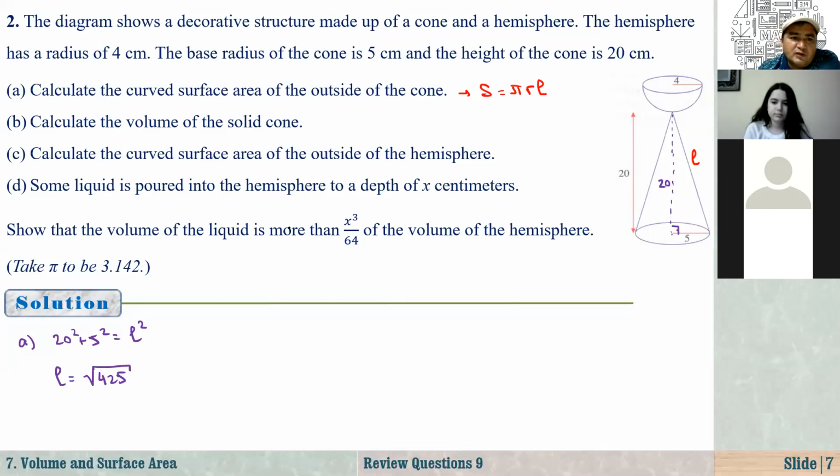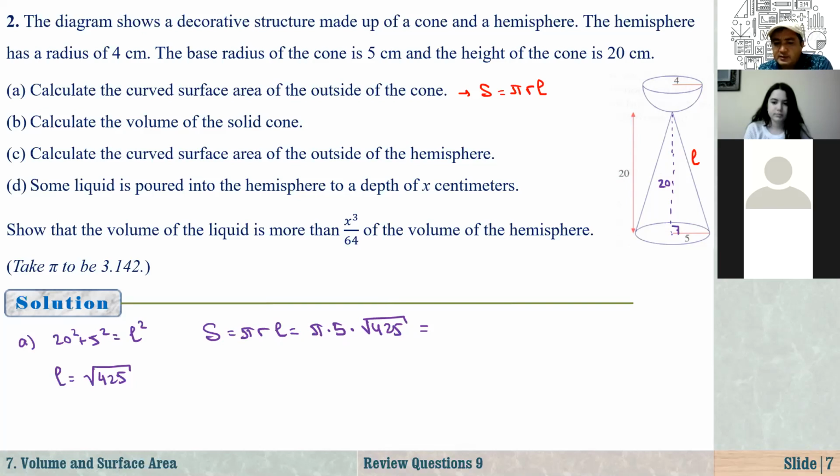So after that, we need to find the curved surface area. That's equal to pi r L. And here we have pi times, what is the radius, is equal to 5. And how about the L? That's equal to square root of 425. And let's just leave our answer correct to 2 decimal places.